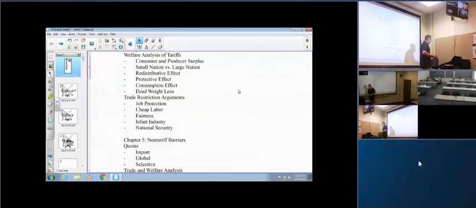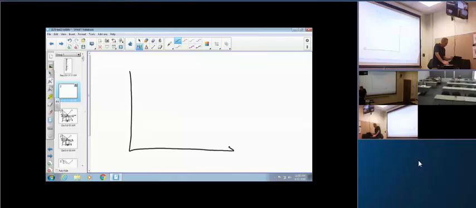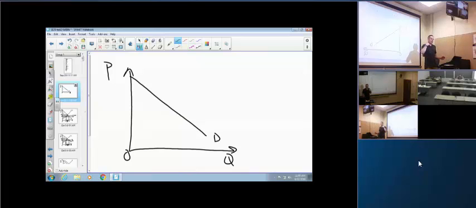And it just so happens to be the case, let me draw this for you, that you can do this on a graph. Our old friend, the demand curve, illustrates the market's willingness to pay for each successive unit of something.